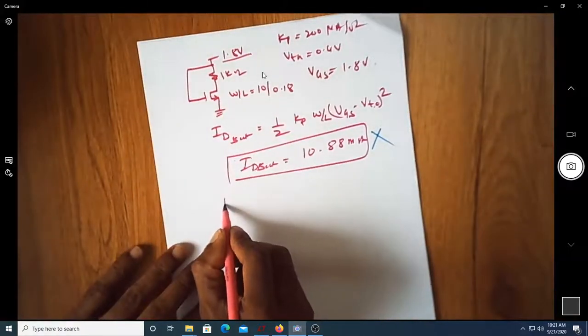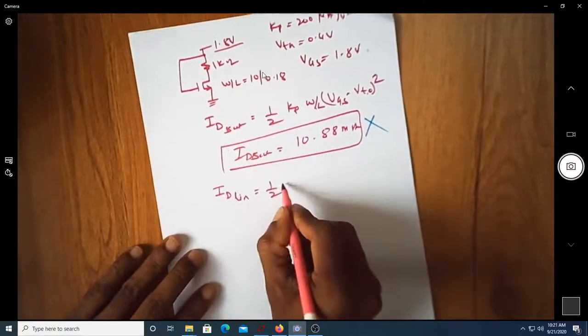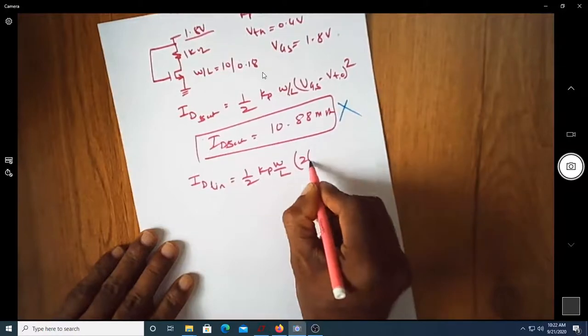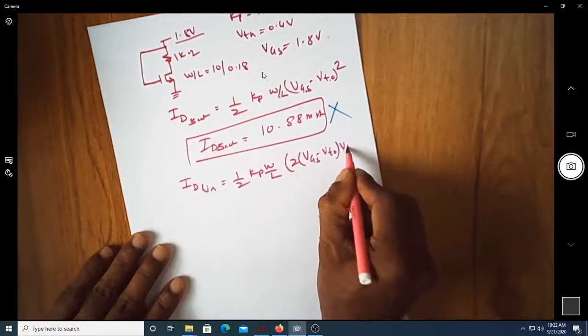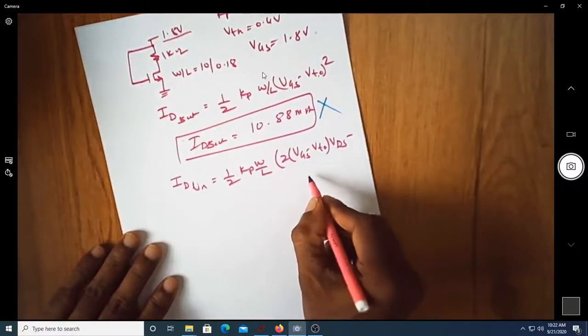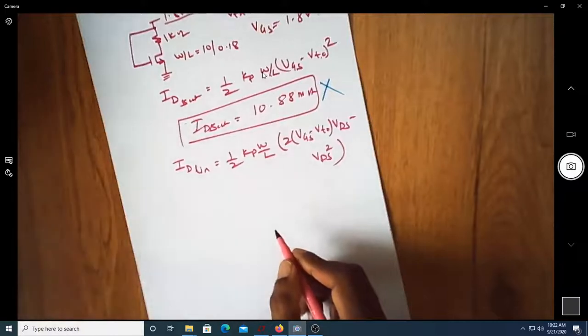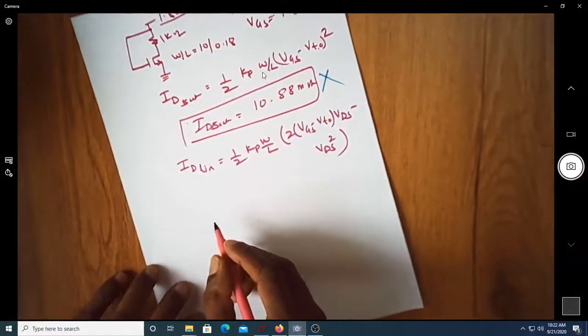The expression for ID linear is half into Kp W by L times [2 times (VGS minus VTO) into VDS minus VDS square]. This is the expression for ID in linear, but we don't know what VDS is.